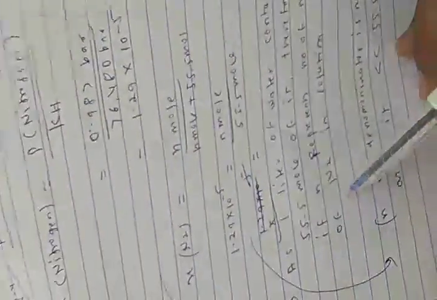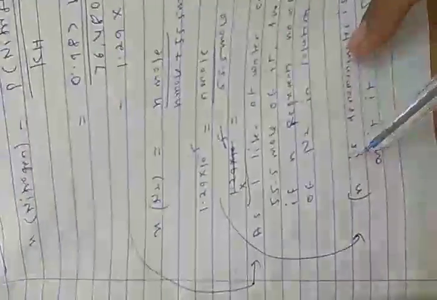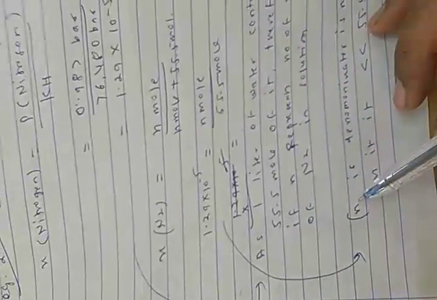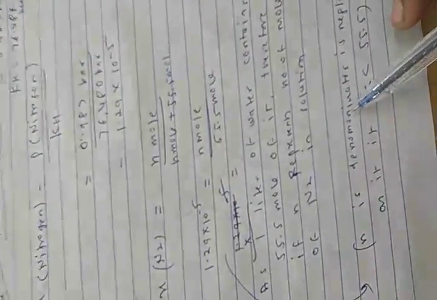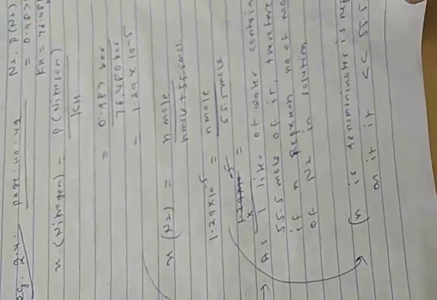If n represents the number of moles of nitrogen in solution, it is negligible compared to 55.5, so no need of writing it.